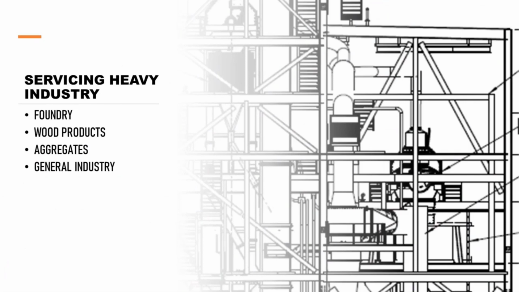Our primary customer base would be foundries, mostly iron, some aluminum. We work with a lot of companies that make wood products like OSB and particle board, a lot of aggregates, open mines, that kind of thing. And then we do a lot of other general industry work within plastics, recycling, and a whole slew of other places.